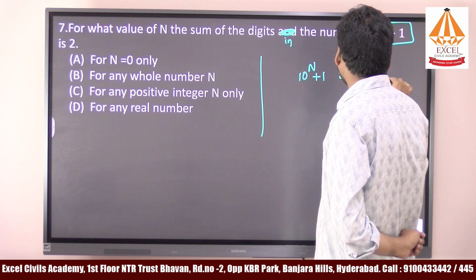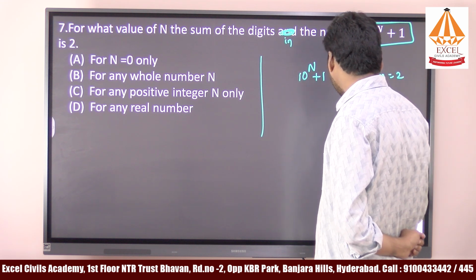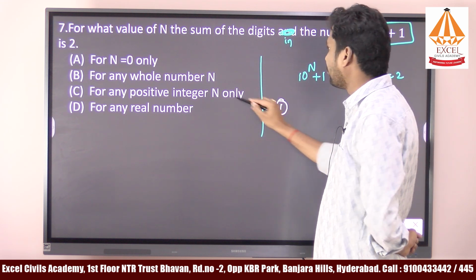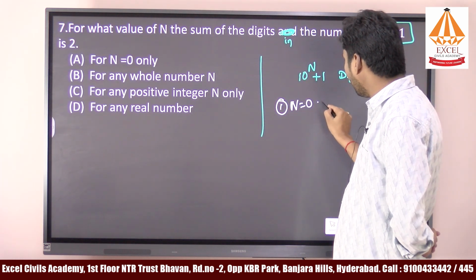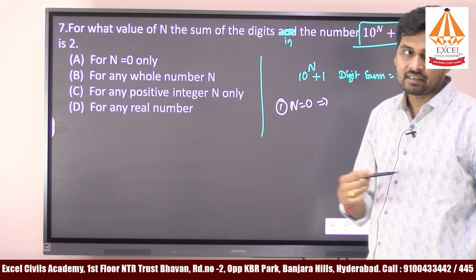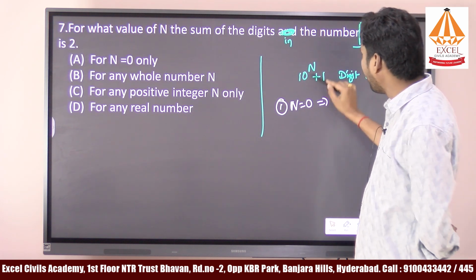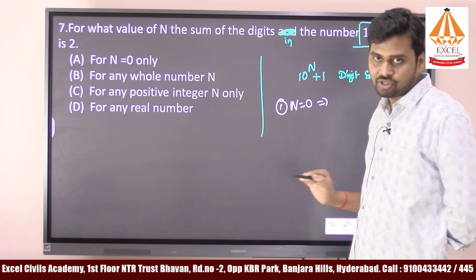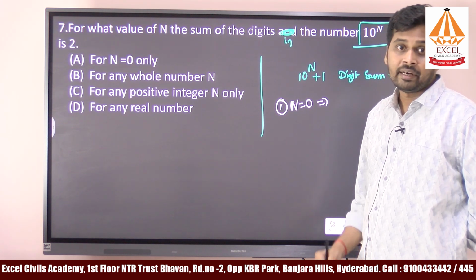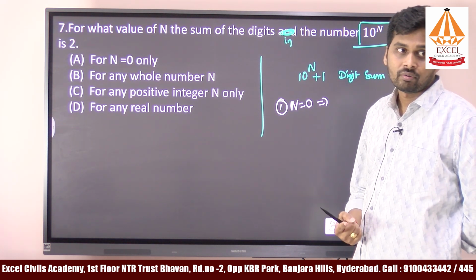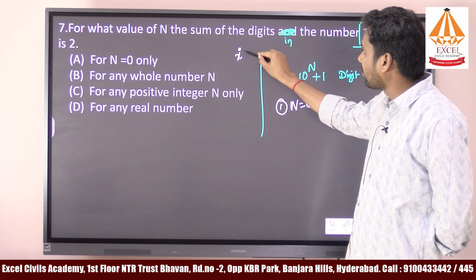2. First let me take the first one, n is equal to 0. If I take n is equal to 0, then can I get the digit sum as 2? See, 10 power 0 means, here the n value is 0. 10 power 0 means what? N to the power of 0, X to the power of 0, value is what? 1.